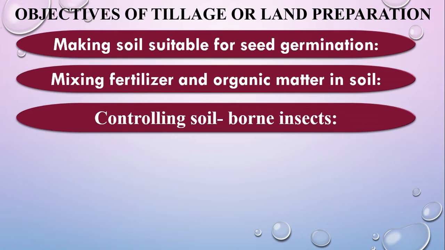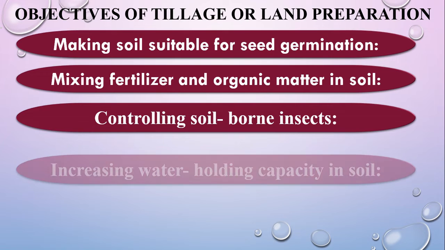So when you till or plow the land, the termites and crickets that are present underneath the land will come out on the top, and they will be eaten by birds or destroyed straight away by the sunlight. That is why we have to do the tillage operation.